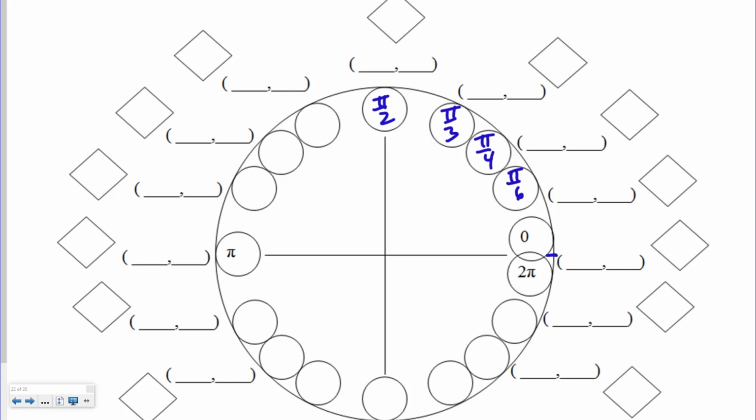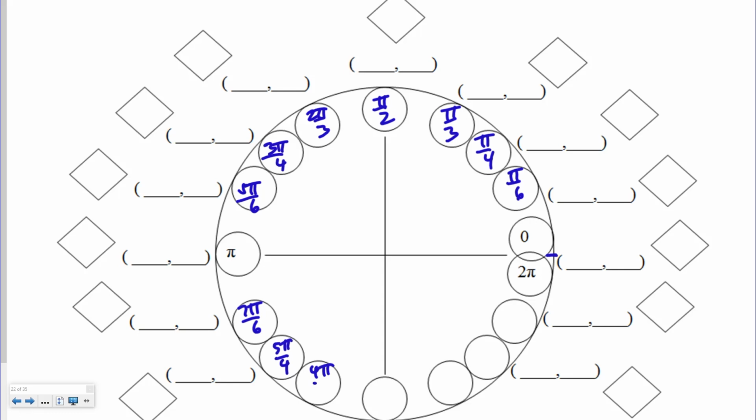0, if we did a whole circle, that would be 2 pi here. This over here is 2 pi over 3. Then we have 3 pi over 4, 5 pi over 6, and 7 pi over 6 here. This is 5 pi over 4.